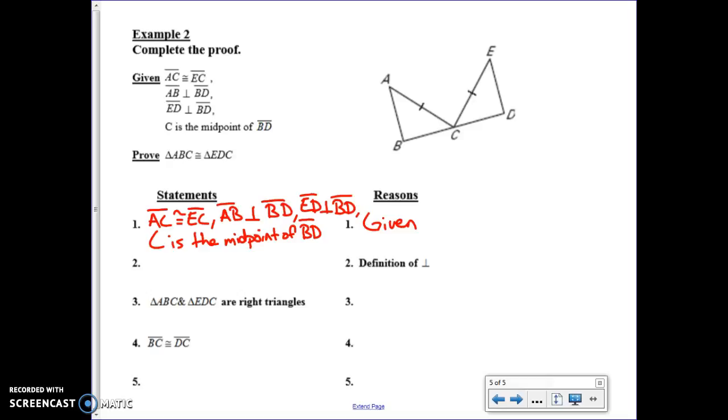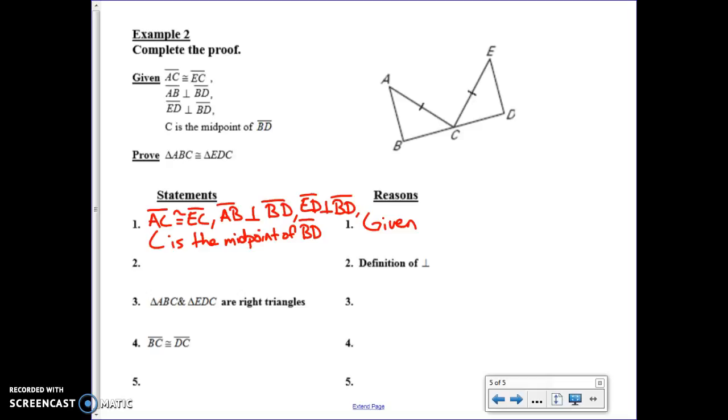Now I see definition of perpendicular. I'm going to look at the two statements that have perpendicular in them: AB is perpendicular to BD and ED is perpendicular to BD. When you hear definition, you want to think, what does that word perpendicular mean? Perpendicular means meets at a right angle.